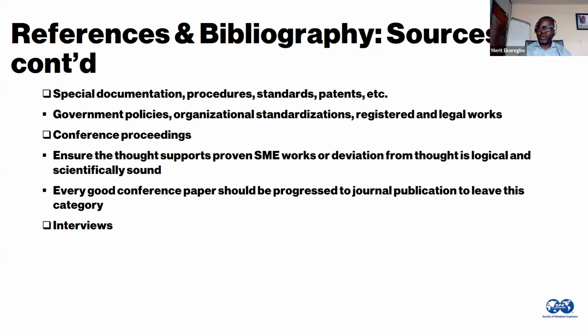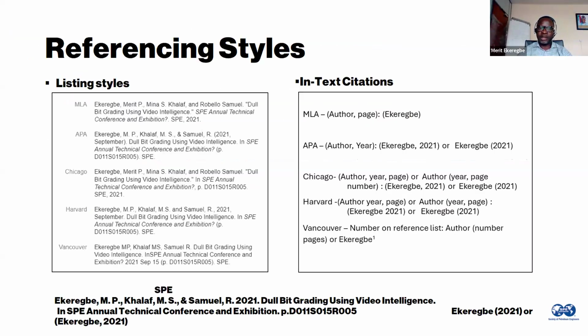There is also a checklist you can apply to all conference proceeding papers. For example, is the work a deviation from other people's work, and if it is a deviation from what has been in the industry, is it logical? Is it scientifically sound? These are checks you need to apply.